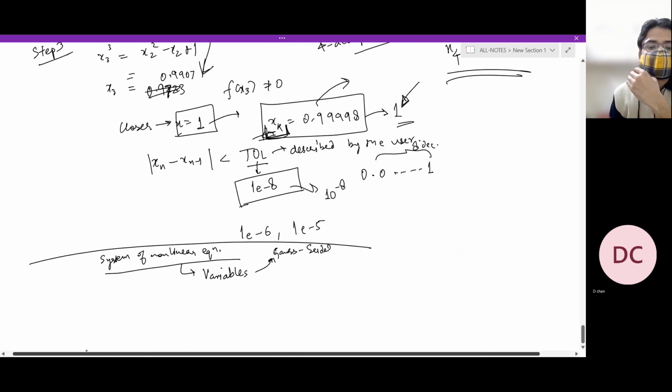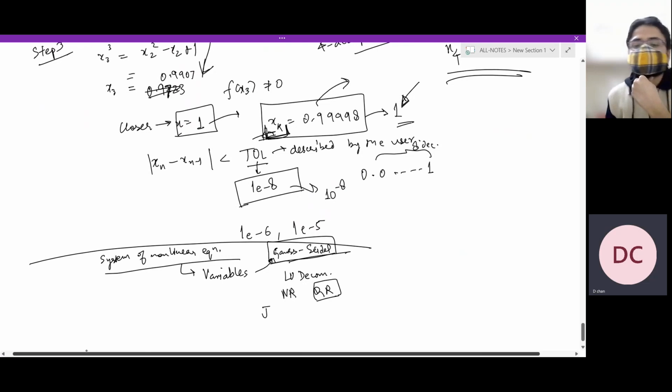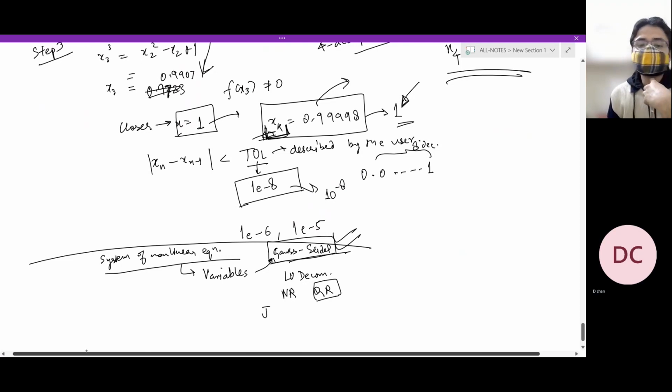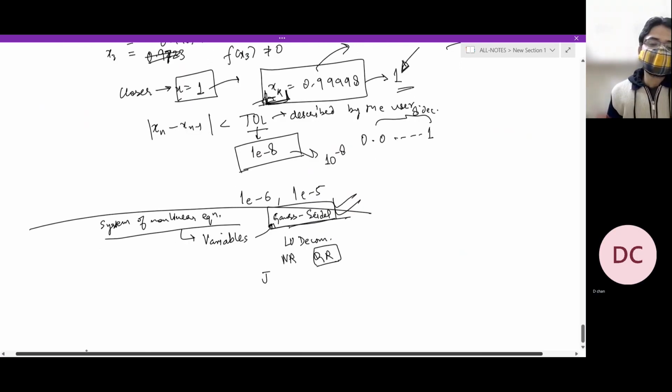But we are not going to cover that today, of course. These methods are usually really computationally expensive. So you typically are using mostly LU decomposition, or the Newton-Raphson method, or the QR decomposition. You go into those matrices and Jacobian parts. So these methods are not preferred. These are a waste of time.